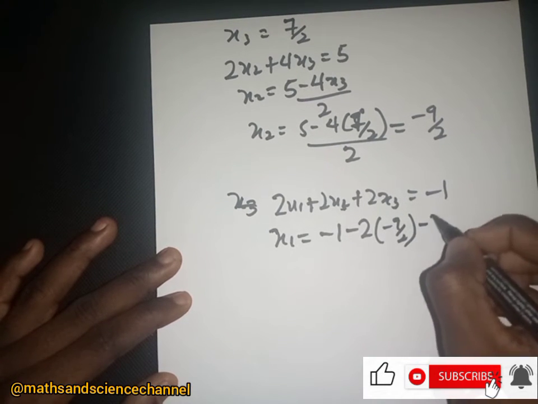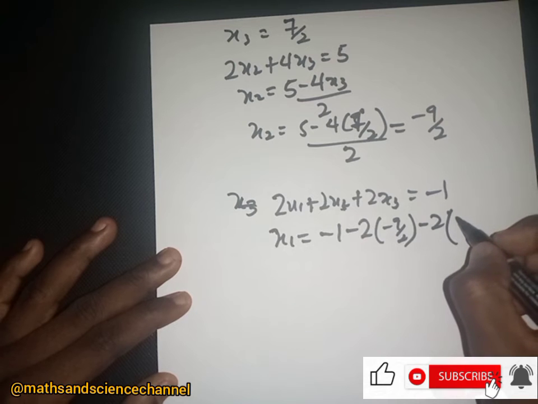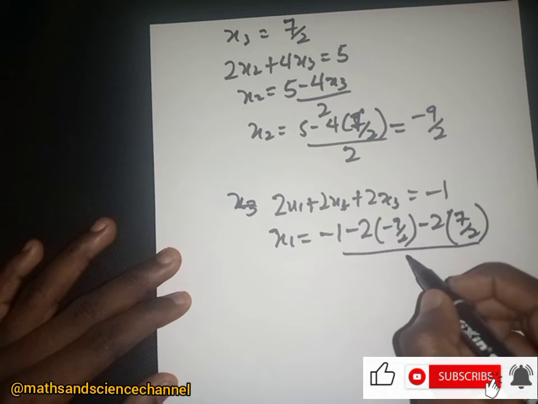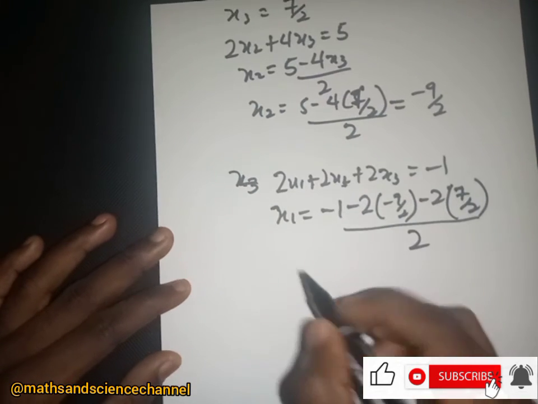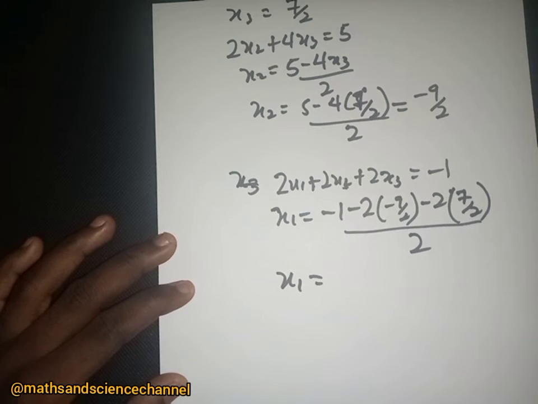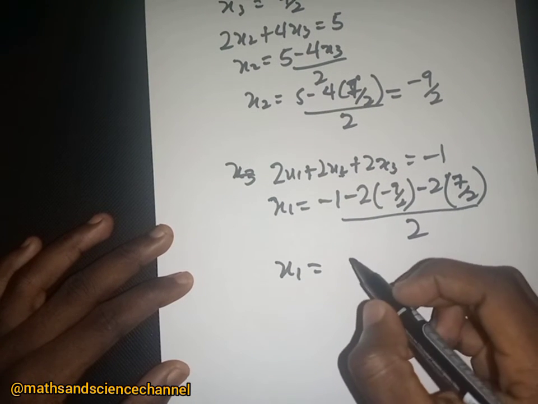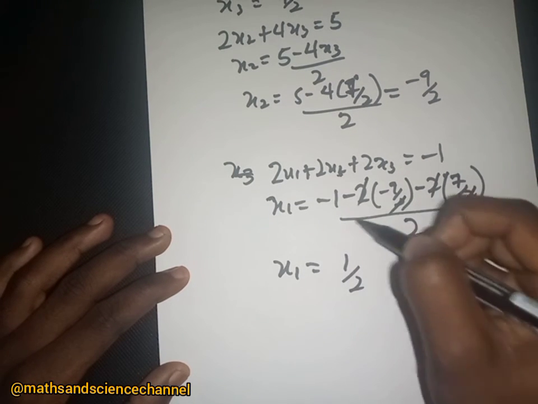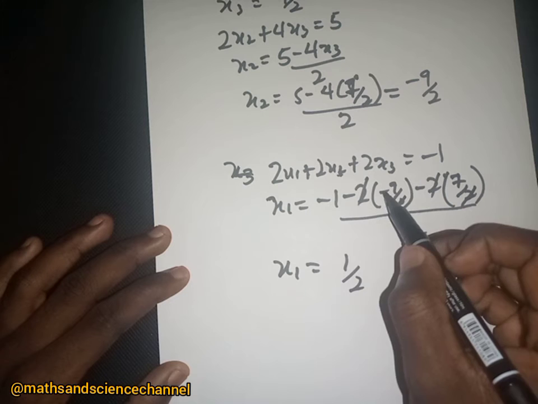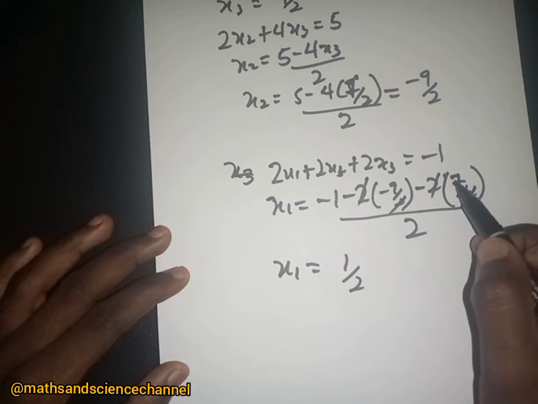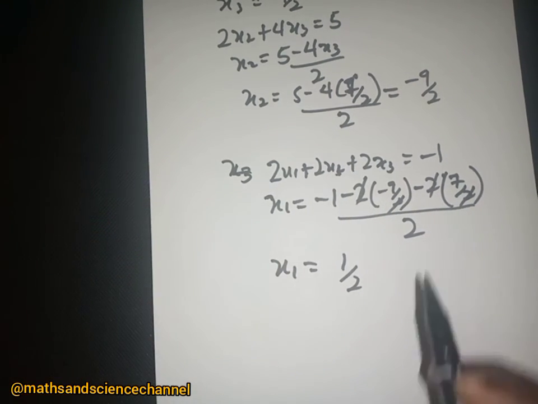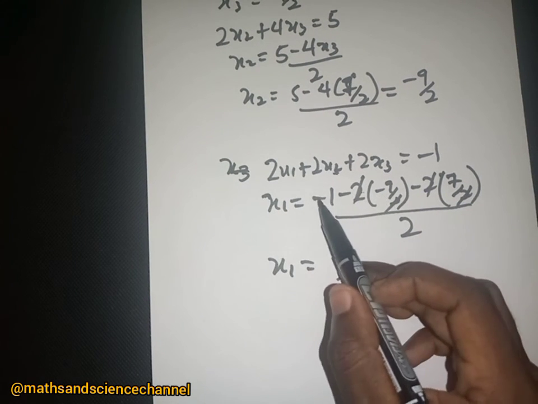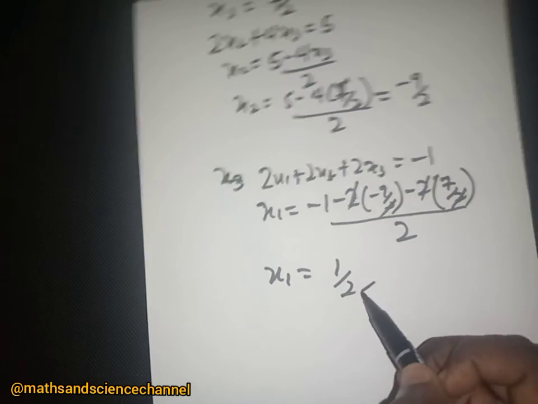Then also minus 2 s3, so it becomes 7 over 2, right? Everything here divided by the coefficient of s1, which is 2. Then s1 here will be equal to, when we compute this, we should get 1 over 2. Yeah, because 2 goes into that, 2 cancels that, and we just have negative 9, negative 7. Then that will be negative 7 plus 9, that will be 2. Then negative 1 plus 2 will just give us 1 over 2, right?